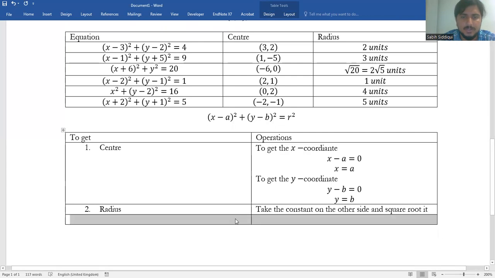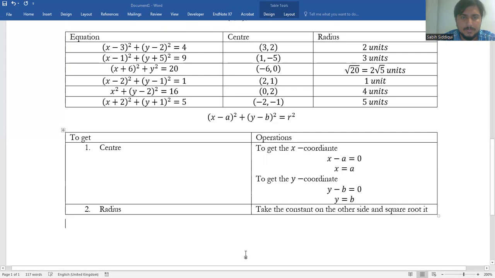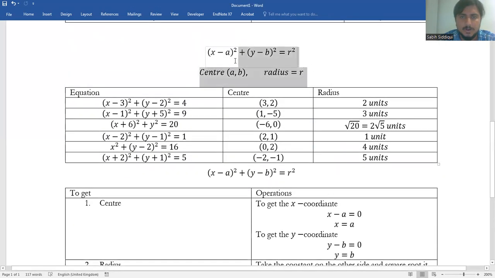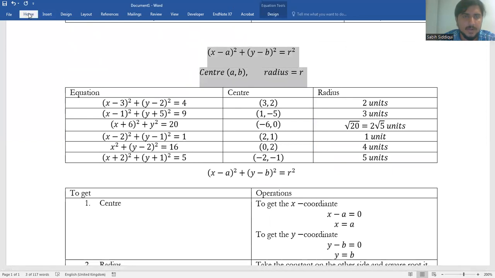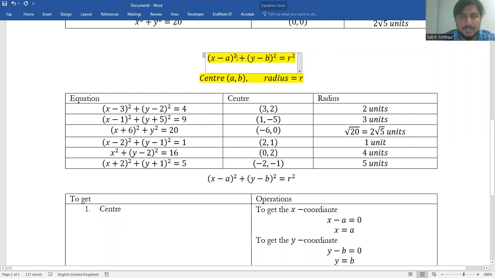So these are the operations that we have defined to get the center and the radius of any circle if we are provided the equation in completed square form. Now remember that once we have the equation in this form, we can figure out the center and the radius.